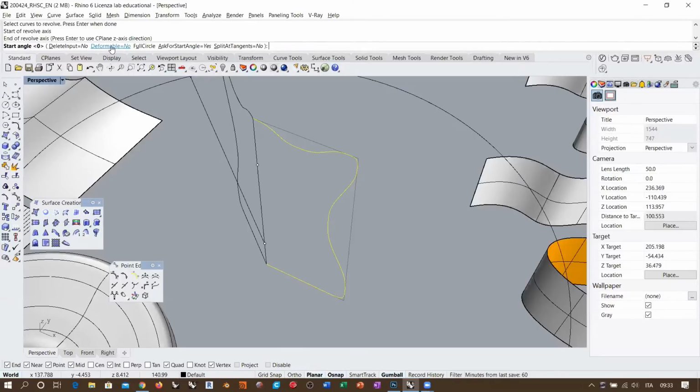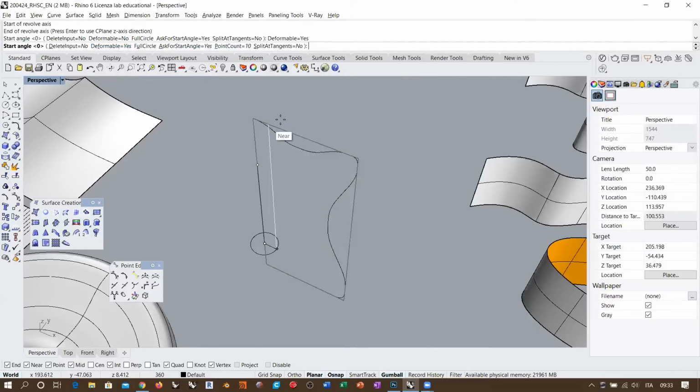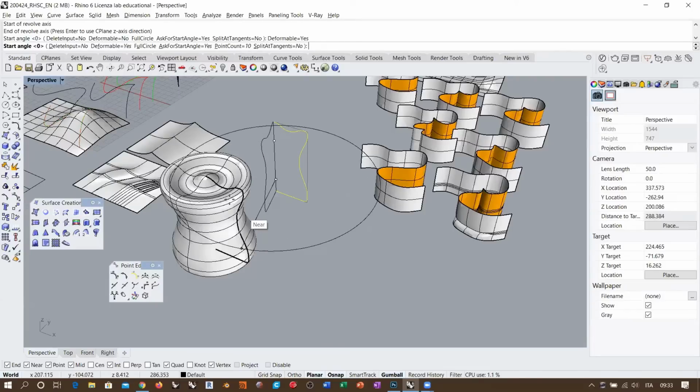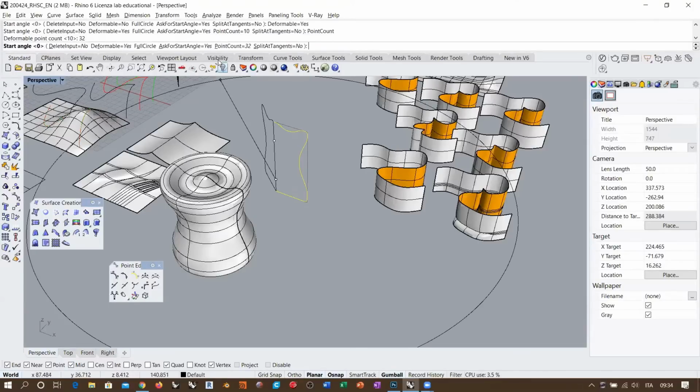So if I say deformable, yes, okay, you see that another parameter appears, which is the point count. So if I want to convert the rational circle into an organic degree 3 control point curve, I have this chance to decide how many control points I want. For example, let's say 32. Let's exaggerate. Okay, and I want to create this as a full revolve surface.